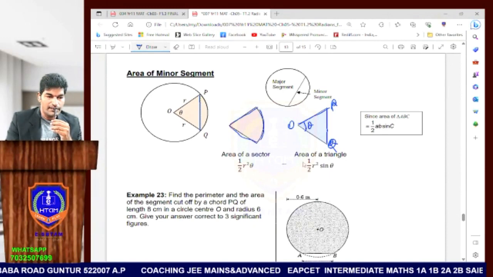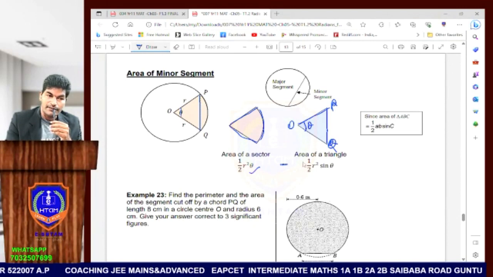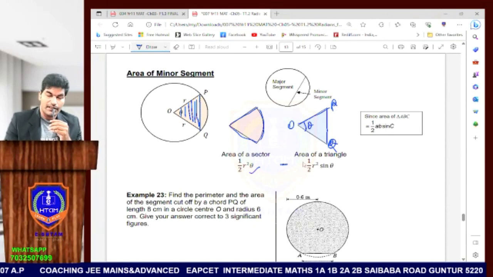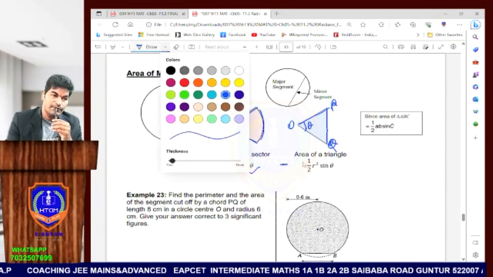We know the entire sector area is r square theta by 2. What we are doing is subtracting this triangular area from that sector area. Then what is left?